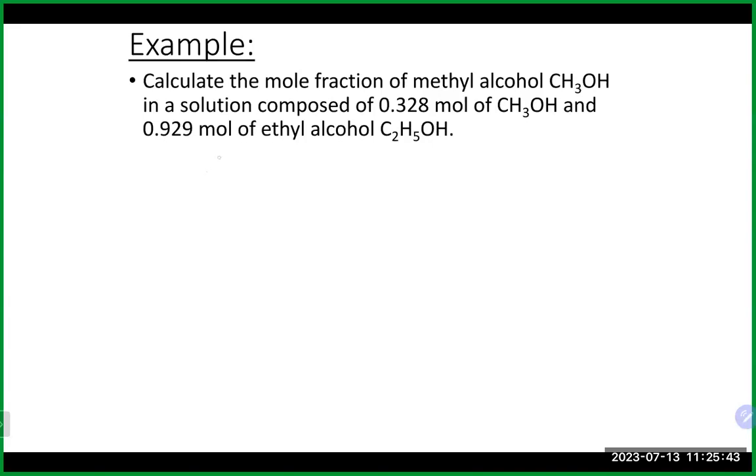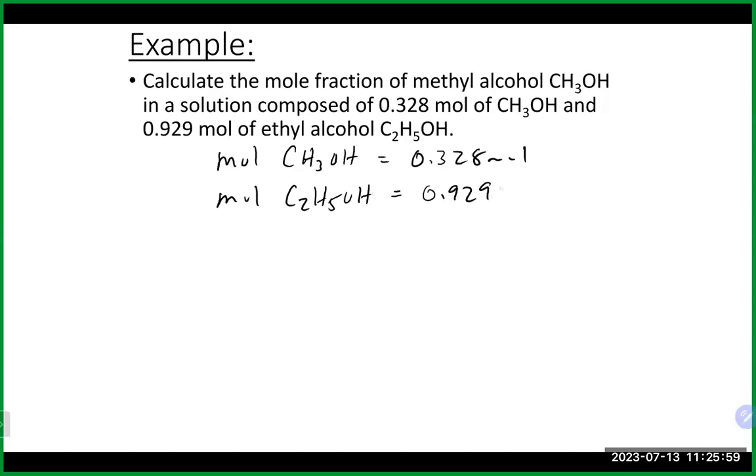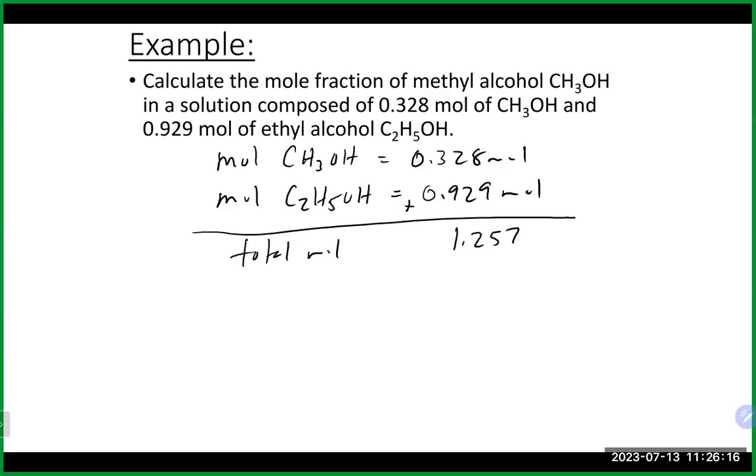Here we have moles of CH3OH, which is 0.328 moles, and moles of ethanol, which is 0.929 moles. We get our total moles by adding those together: 0.328 plus 0.929 gives a total of 1.257 moles.